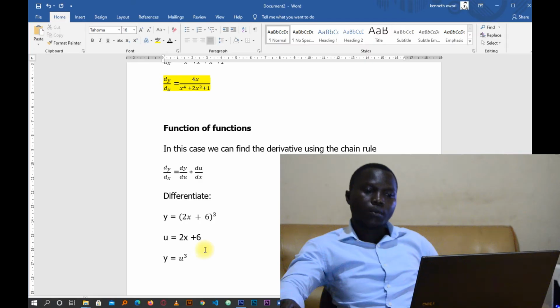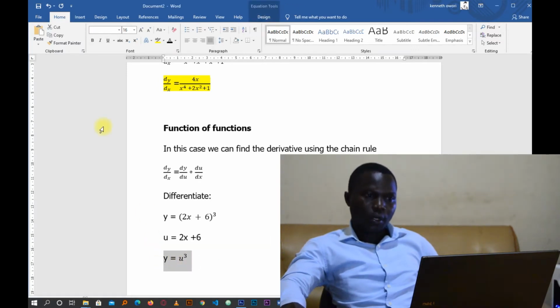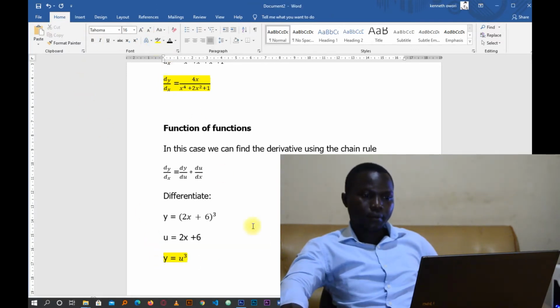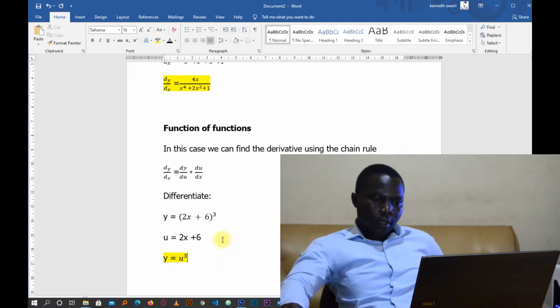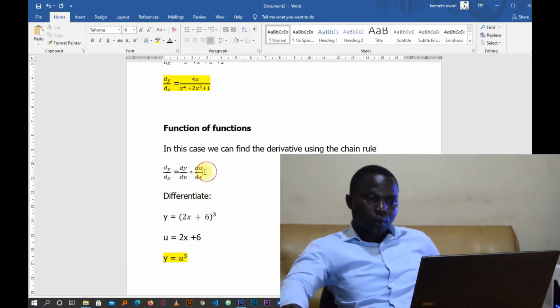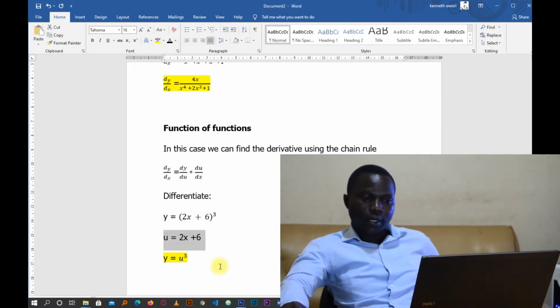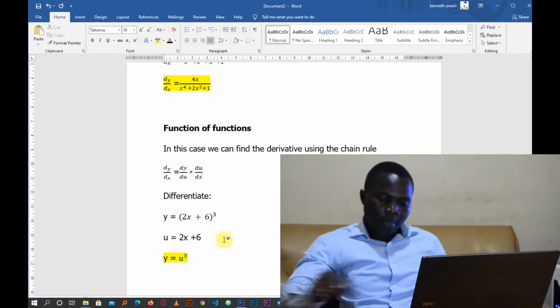Obtain dy/du by differentiating y with respect to u, as you can observe. Then we also obtain du/dx by differentiating u with respect to x. So that is what we're going to do.